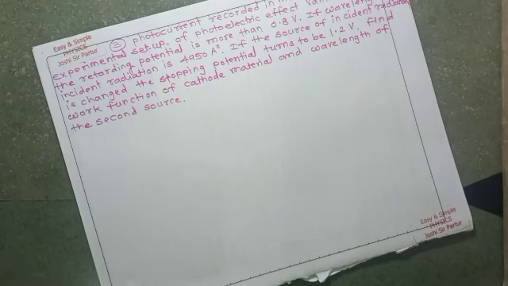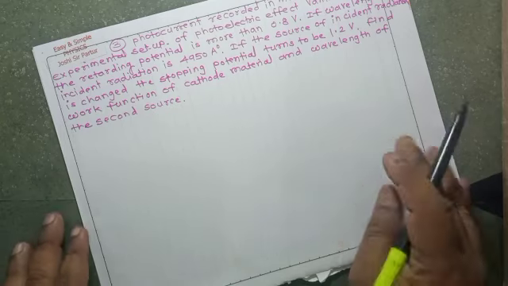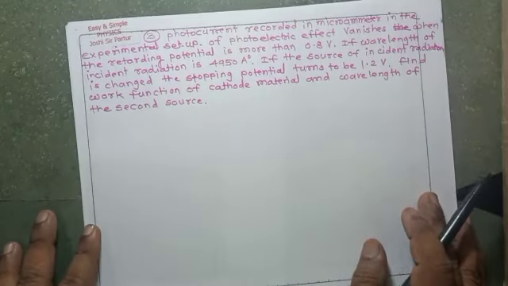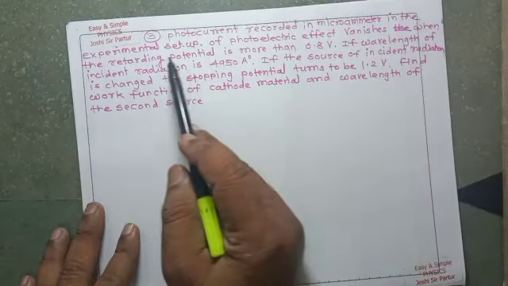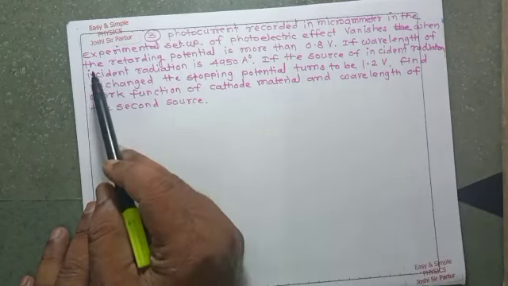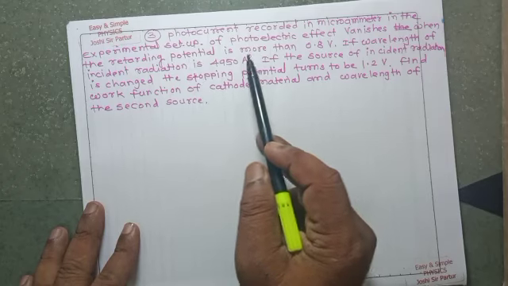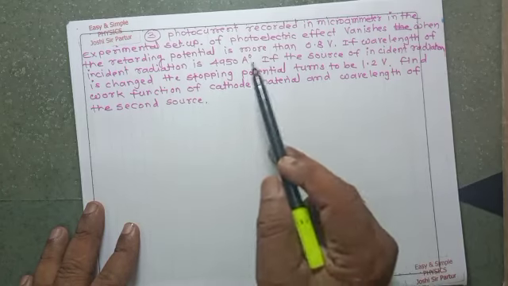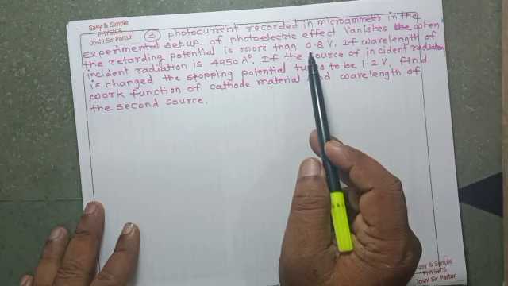Third example will be given, that is: photocurrent recorded in a microammeter in the experimental setup. The photoelectric effect vanishes when the retarding potential is more than 0.8. Retarding potential means stopping potential.